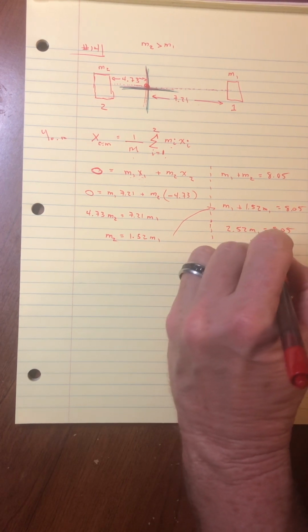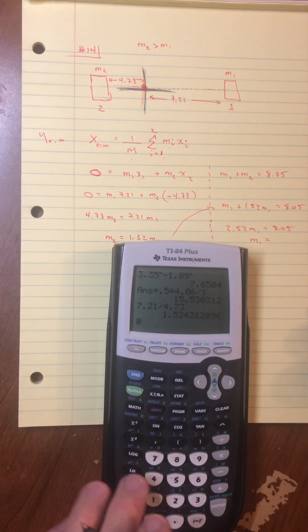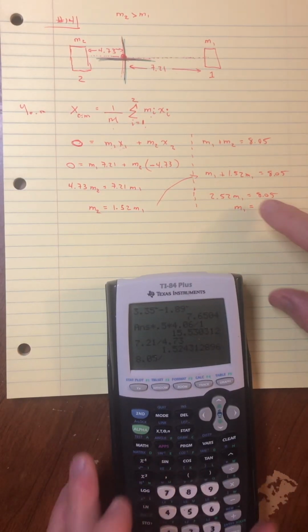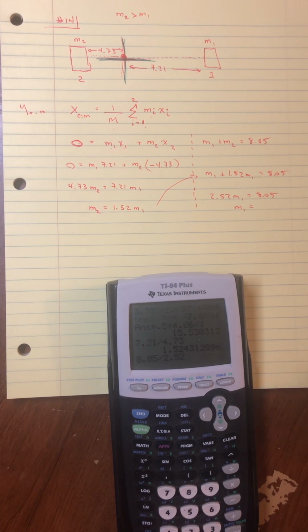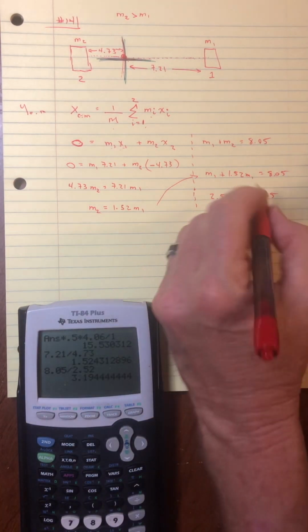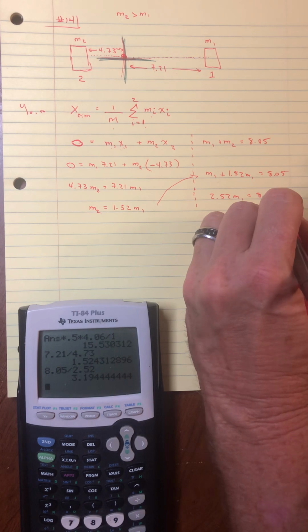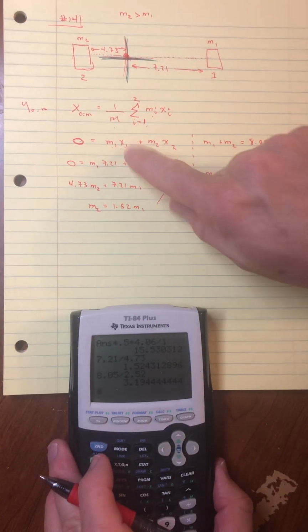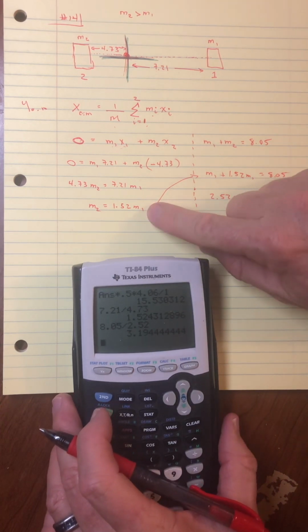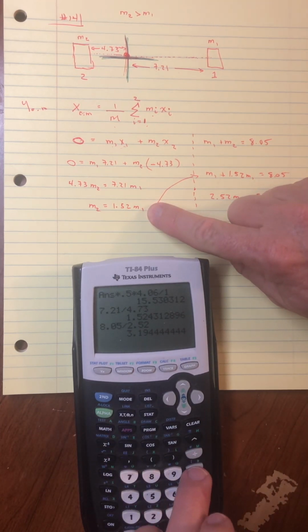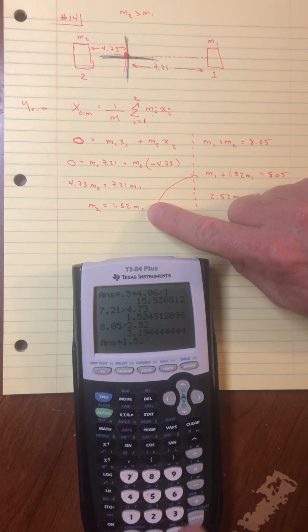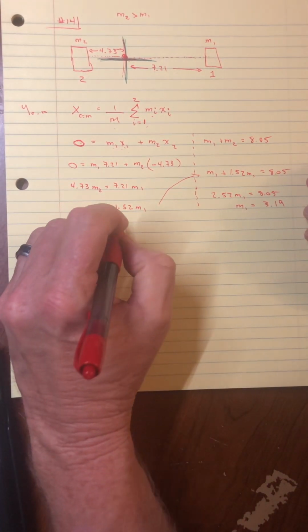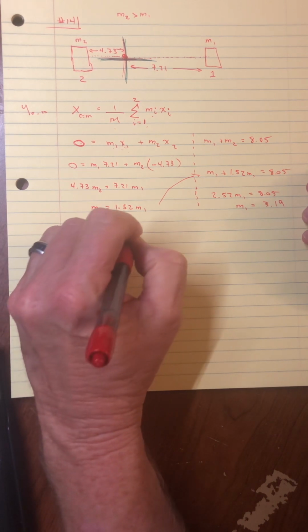And then finally, I can get M1 by taking the 8.05 and dividing it by the 2.52, and I get 3.19. And then, of course, once I have that, I can put it into here or here or here, wherever I want to put it to get M2. I'll just put it here. So times 1.52, and it looks like then M2 is going to be 4.86.